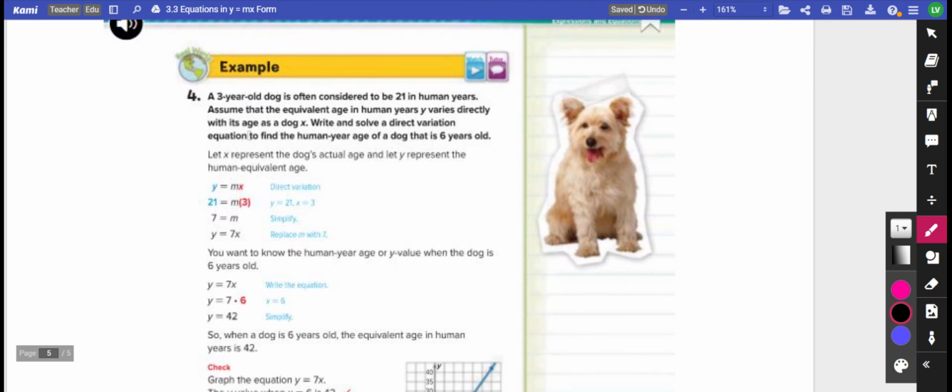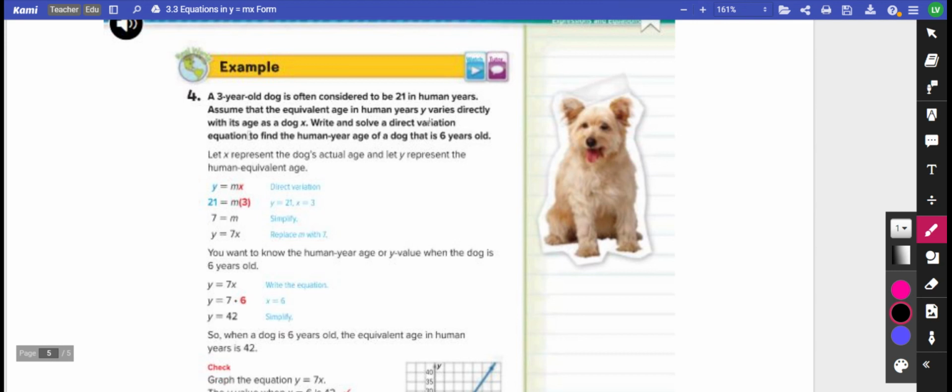Example 4. A 3-year-old dog is often considered to be 21 in human years. Assume that the equivalent age in human years, y, varies directly with its age as a dog, x.